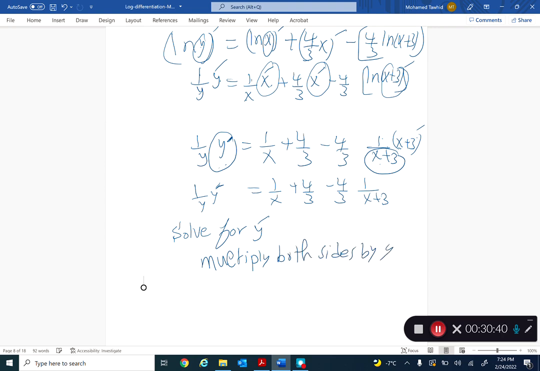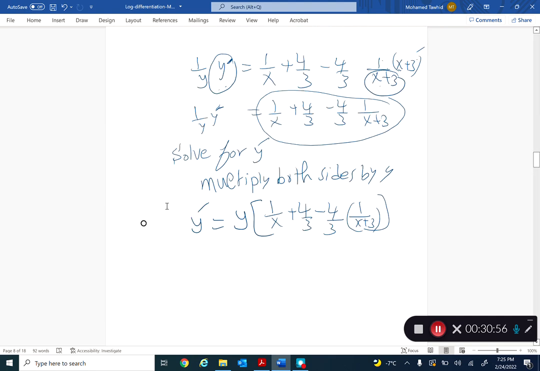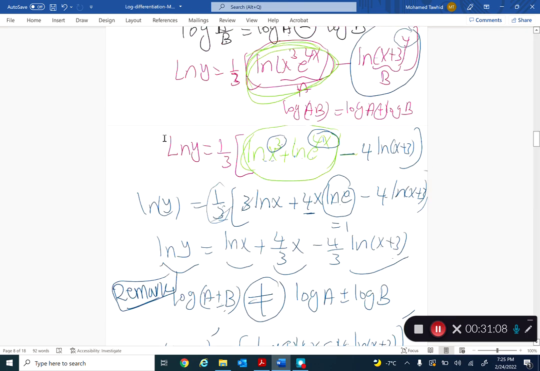So if I multiply by y, you get y prime equals y, open big bracket, copying all of this, which is 1 over x plus 4 over 3 minus 4 over 3 multiplied by 1 over x plus 3. So what is the last step? Replace y by substitution with the function of x, because on the right-hand side everything must be in terms of x. So what is your y? What is your y?